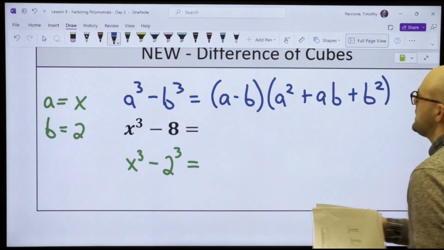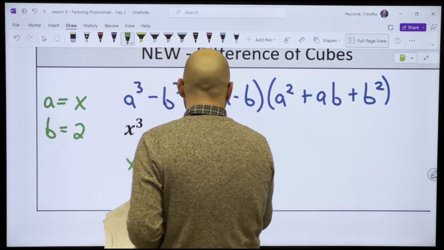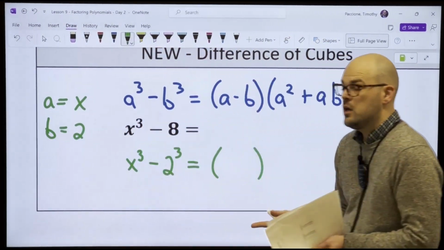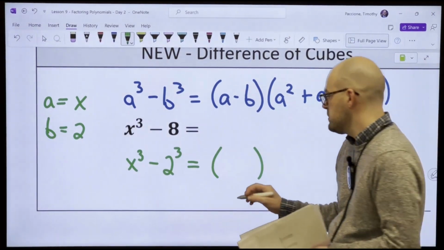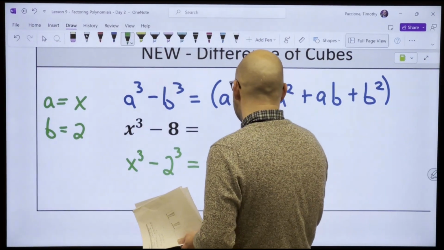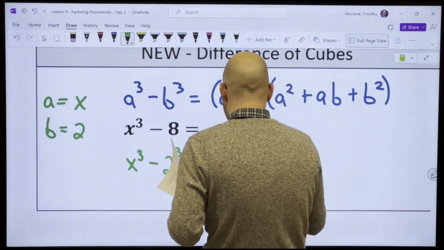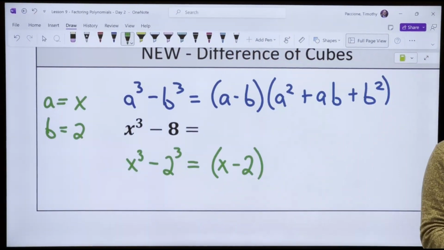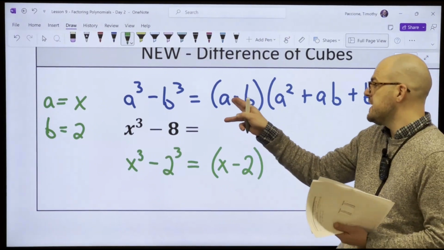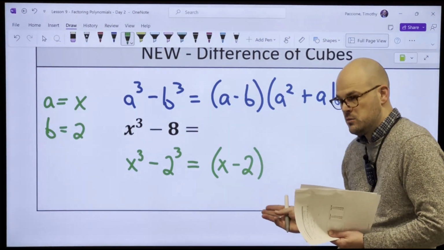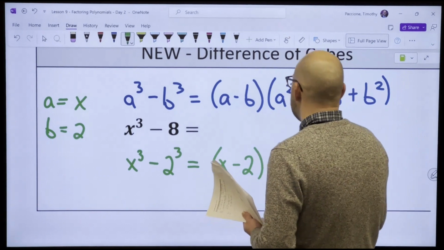So let's practice that. My a is what? x. Then I would say minus, and then my b is 2. My b is not negative 2, my b is 2. Here it says subtract b, so I'm subtracting 2. Then a squared.